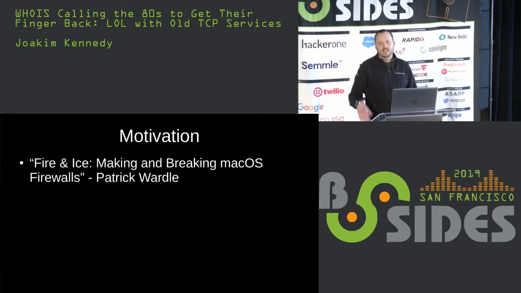In that talk, he presented one way of getting around this: using binaries provided by the operating system. The example he gave was Whois. With Whois, you can do some data exfiltration, and because the binary is signed by Apple, the firewall trusted the binary.